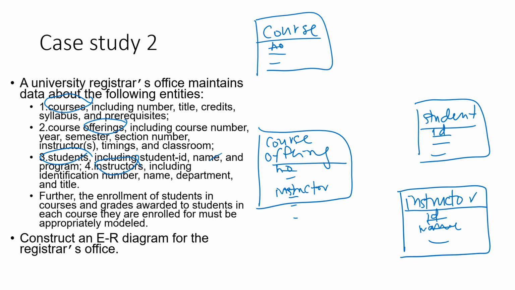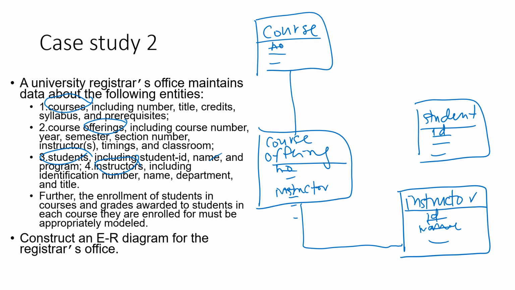Now the relationship is not given, but we can make assumptions. Course has something to do with course offering because they contain the same attribute, course number. And course offering contains the instructor name, so it has something to do with the instructor. For the student, the course only has number, title, credits and syllabus, but not the instructor, timings, and classroom.